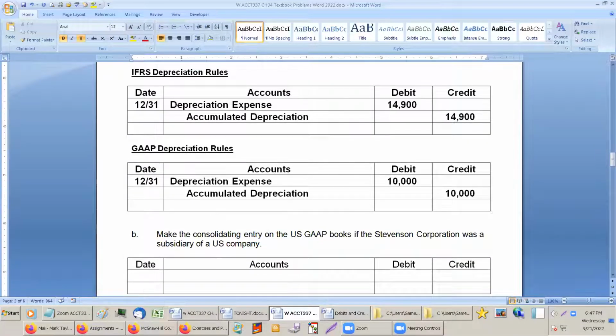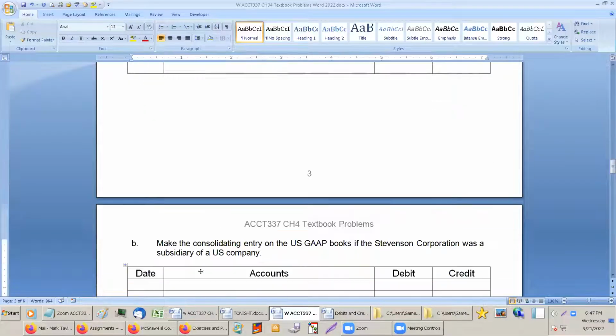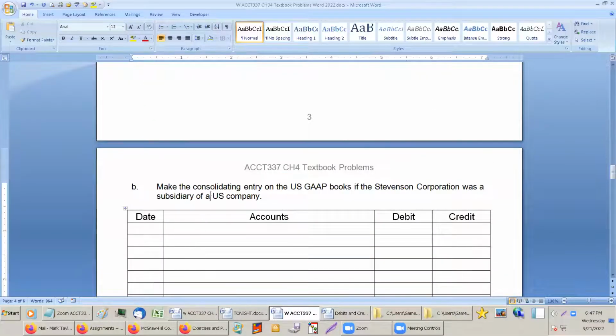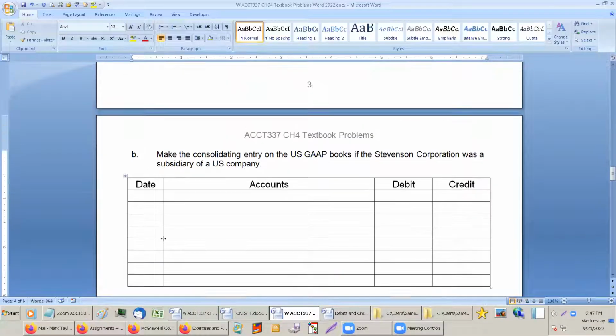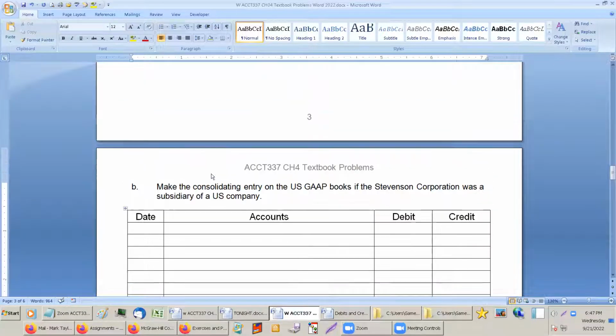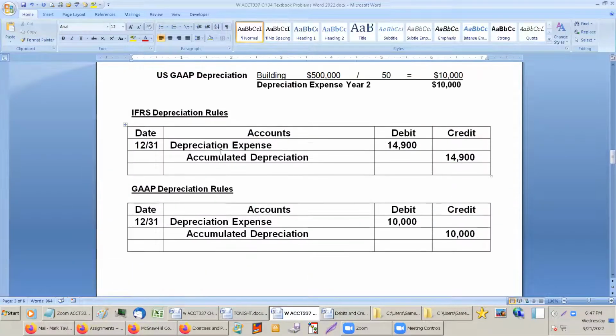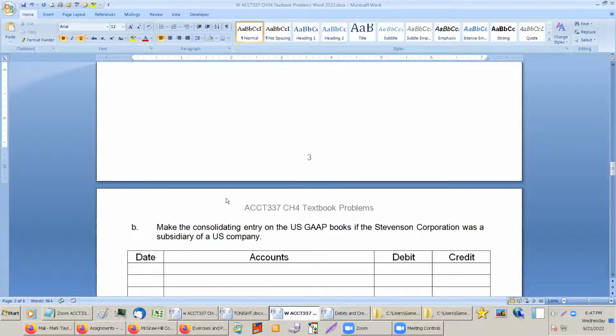Making a consolidating entry for the US rules, if this was a US subsidiary.